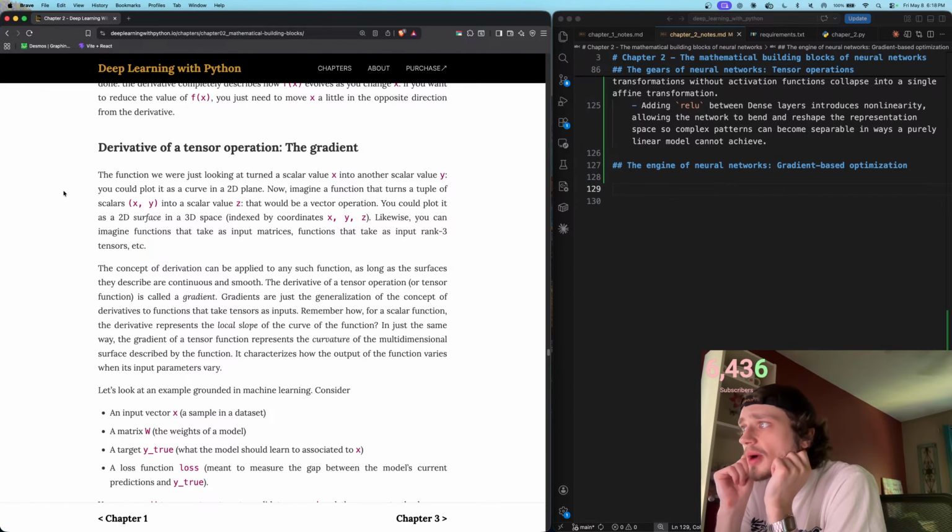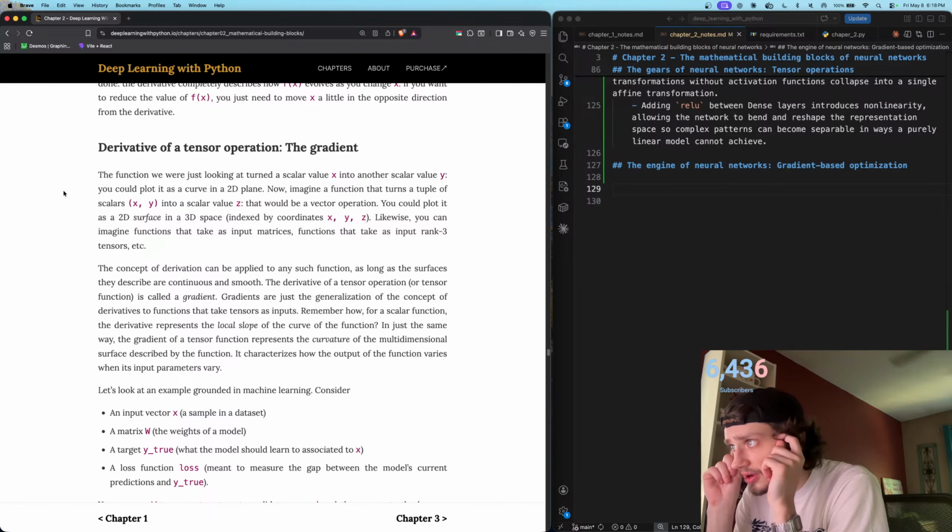That would be a vector operation. You could plot it as a 2D surface in a 3D space, indexed by coordinates x, y, and z. Likewise, you can imagine functions that take matrices as input, functions that take rank 3 tensors as input, etc.